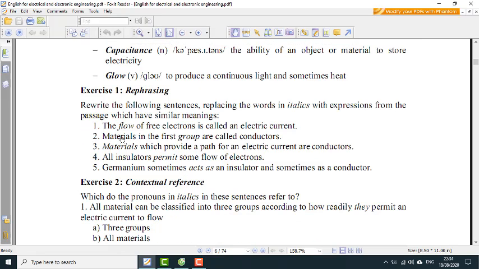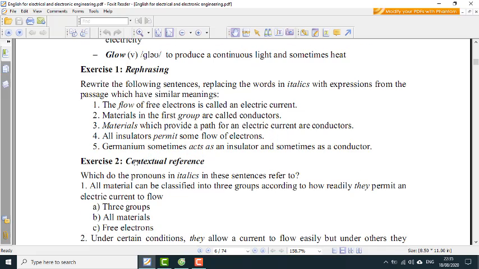For the following exercises, you must relearn them at home and then correct them by yourselves. After you correct them, I will help you to edit and correct. This chapter has exercise 1, exercise 2, exercise 1 rephrasing, exercise 2 contextual reference.